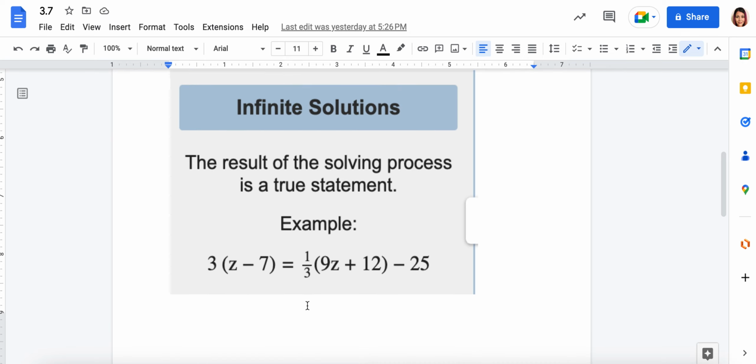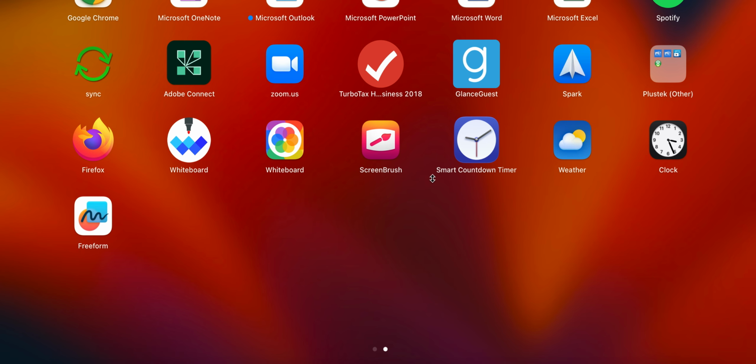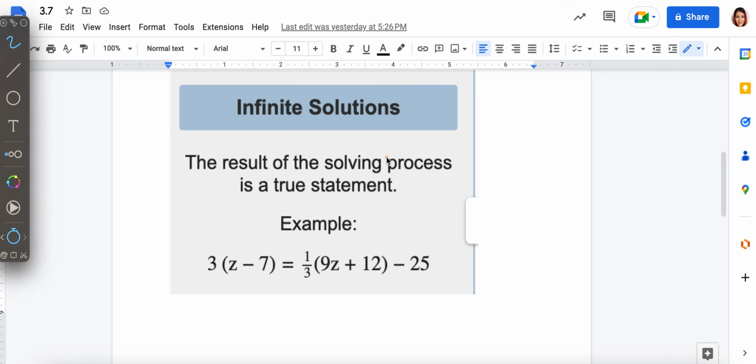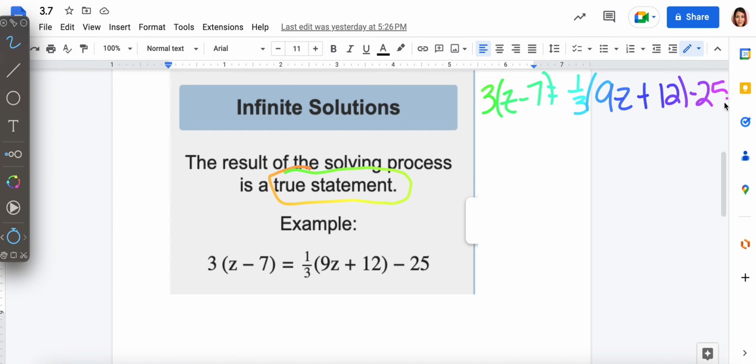Okay, another one is infinite solutions. So let's talk about infinite solutions. Infinite solutions is when the result of the solving process is a true statement. So if we get a true statement at the end after doing our solving, let's see: 3z minus 7 equals 1/3 of 9z plus 12, minus 25. Okay, so we're going to do this. 3 times the quantity z minus 7, we're going to do the distributive property, 3z minus 21.